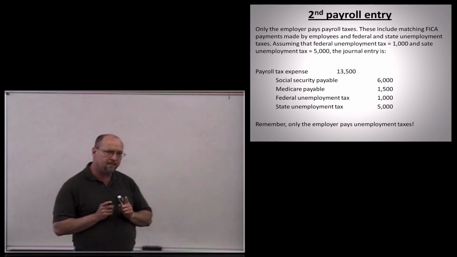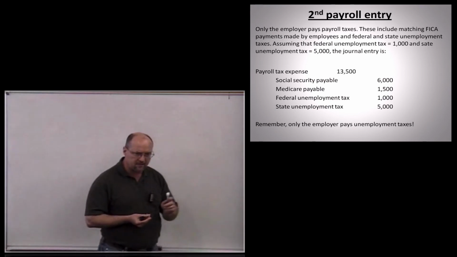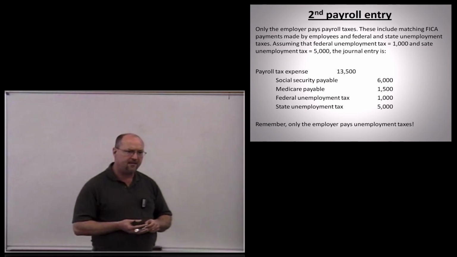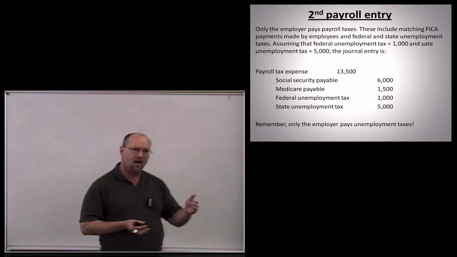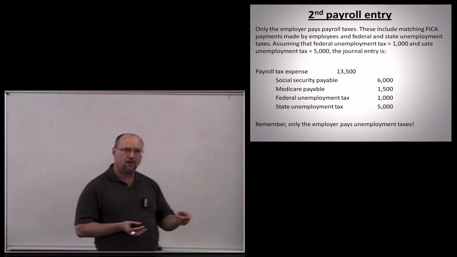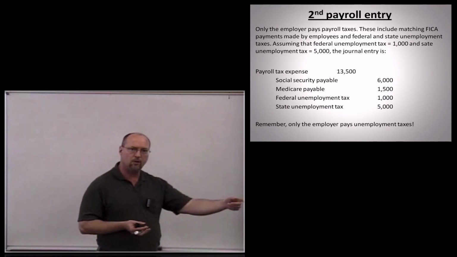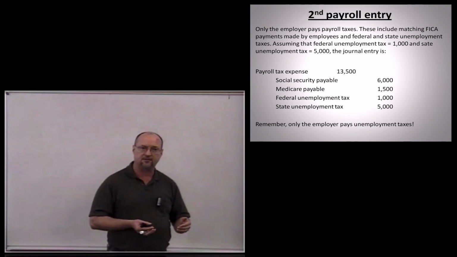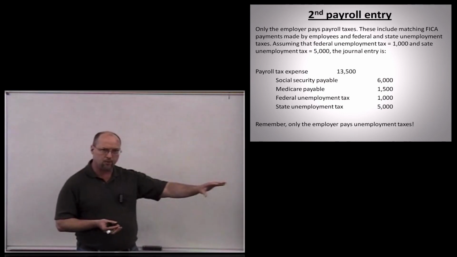For unemployment taxes, and again, don't worry about these numbers. In California, the employer pays about up to 5.4% of the first $7,000 of each employee's earnings. So it's not as much of a burden. Once that employee has earned $7,000 or beyond that, there's no more unemployment tax.